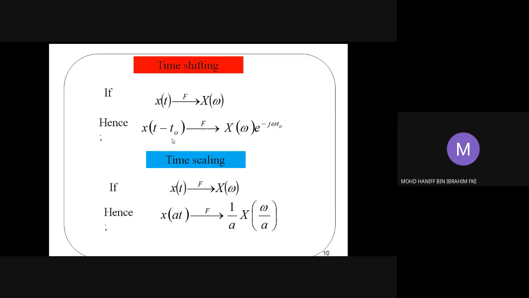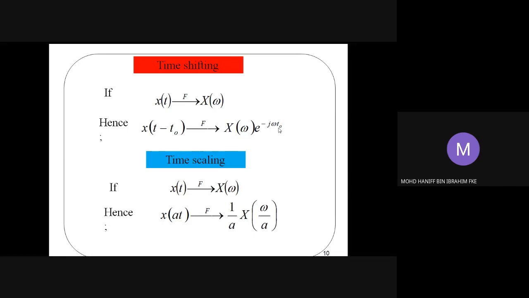Because we have a t naught there, the Fourier transform is just a multiplication of X(omega) with the exponential term of negative j omega t naught. If the shifting is x(t plus t naught), the Fourier transform will be X(omega) times exponential of positive j omega t naught. We just change the sign of the exponential term. Okay, so that is the property of time shifting.